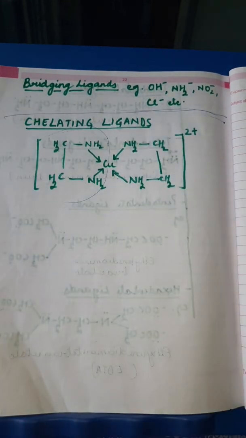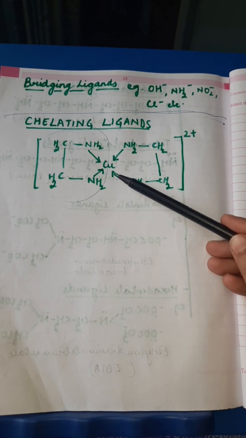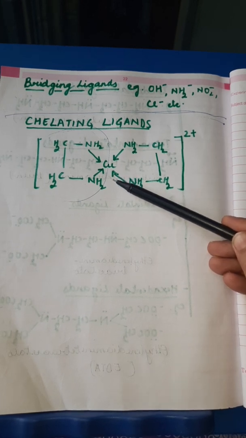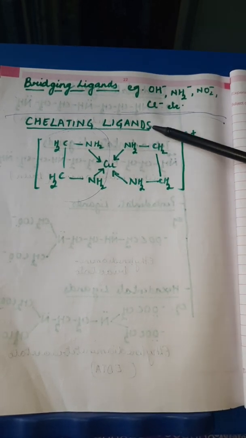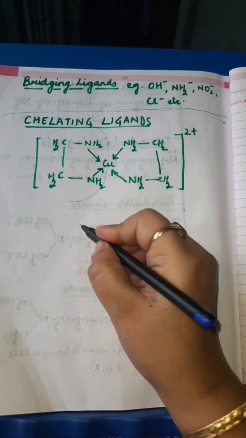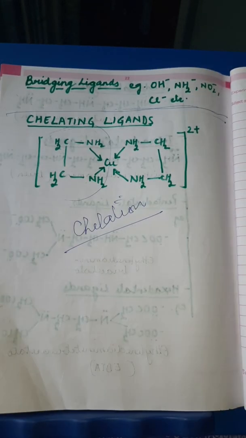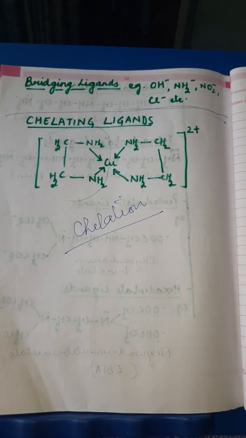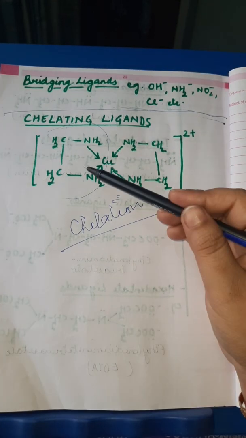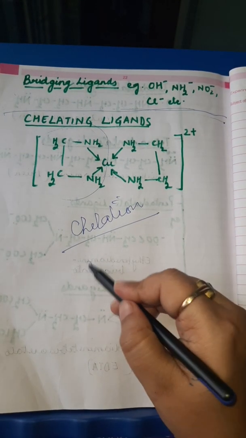So my dear students, such ligands which, when bonded with a central metal atom or ion, give rise to 4 or 5-membered ring-like structures are known as chelating ligands. This phenomenon is known as chelation, and such rings thus formed in coordinate compounds are called chelates.